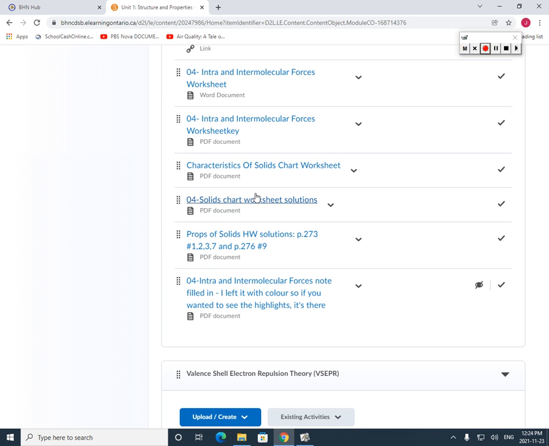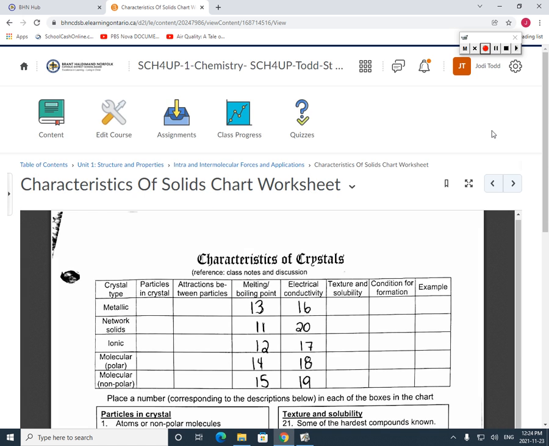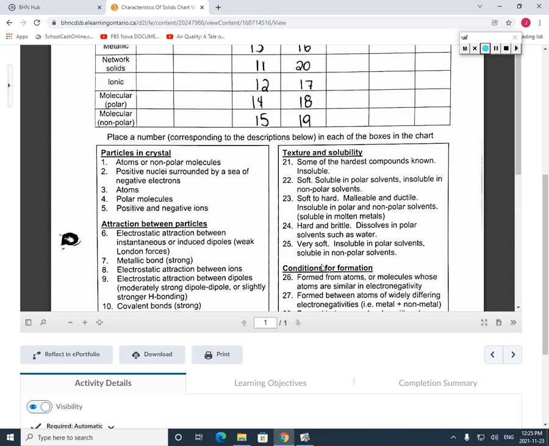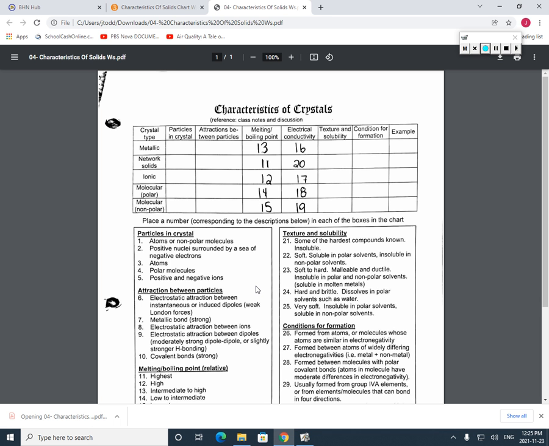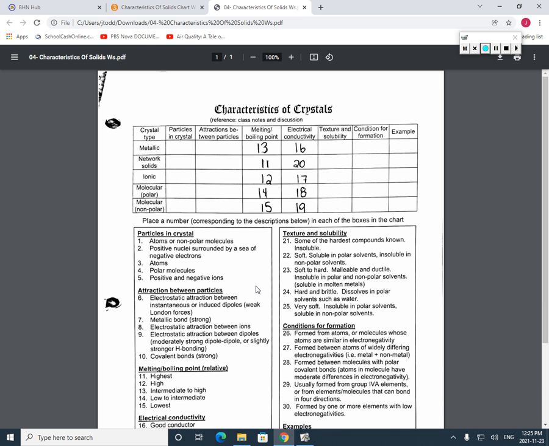Okay, so if you just look at this worksheet for a second, because it's kind of weird. It's just a different way of doing the questions. And if you didn't get one, I have one here, at the back. So what this sheet wants you to do, it's got headings, particles and crystal, which match up here.